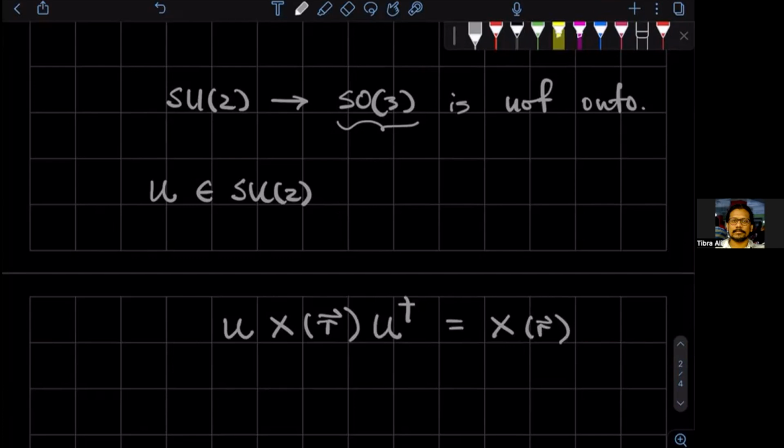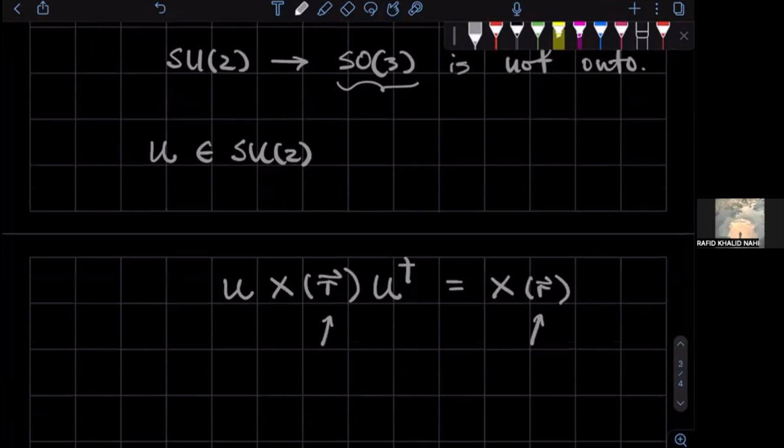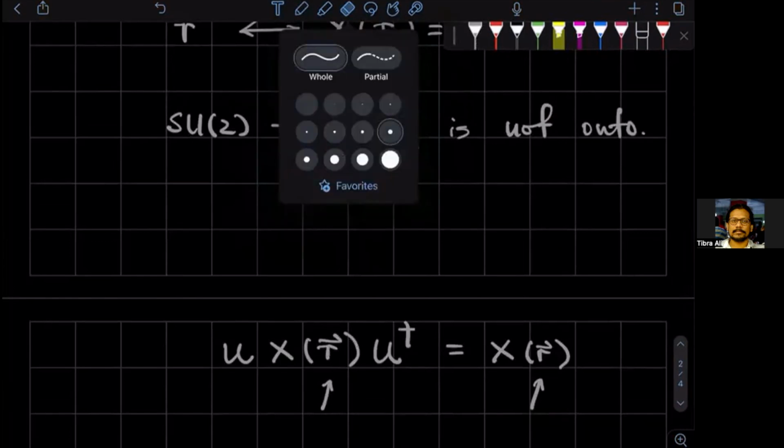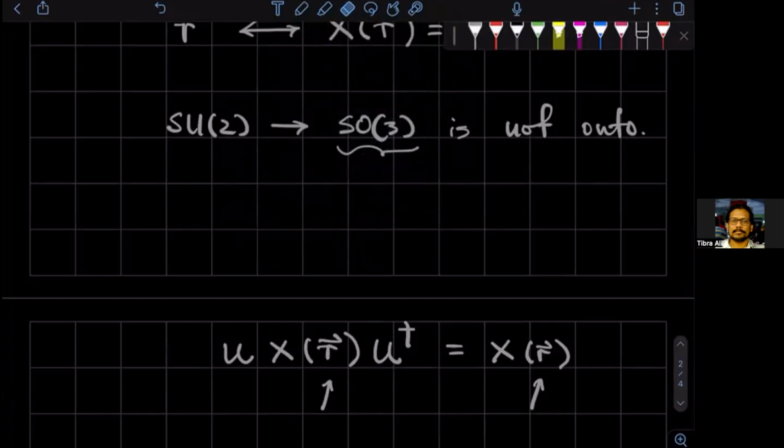Because R would not change. Maybe my logic is flawed. I think I got this wrong. Let me just rephrase it.